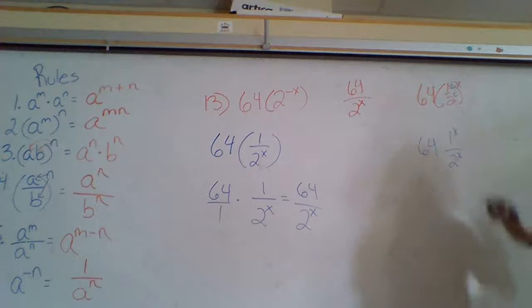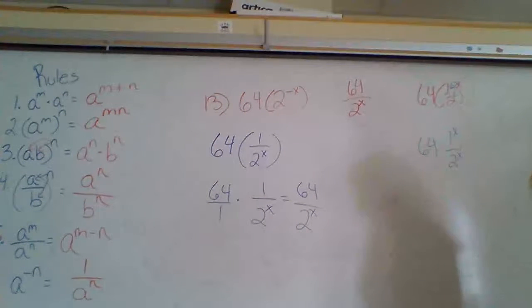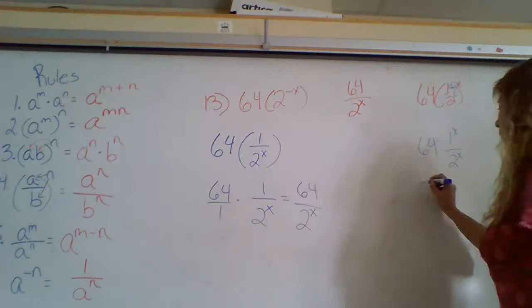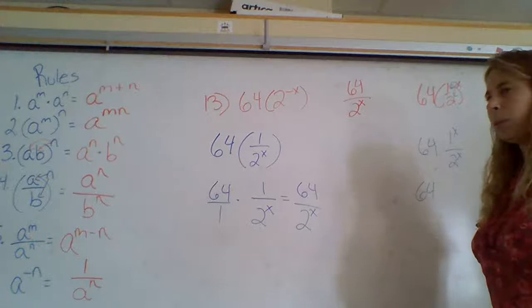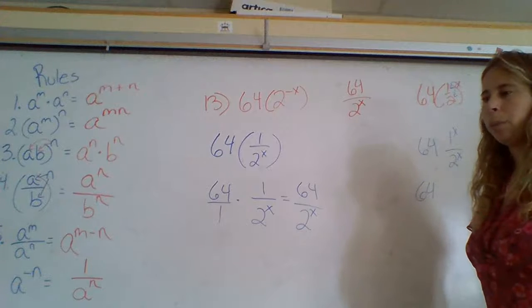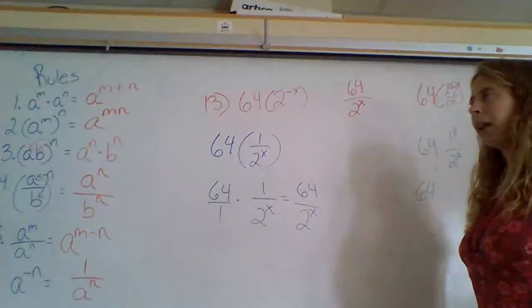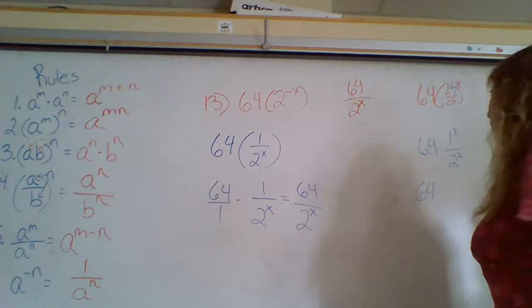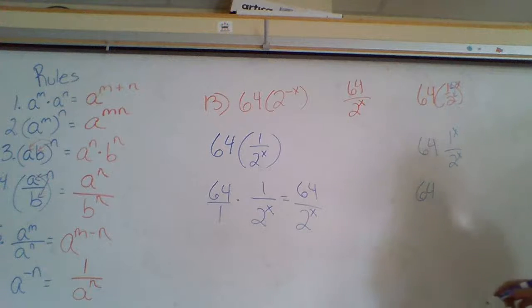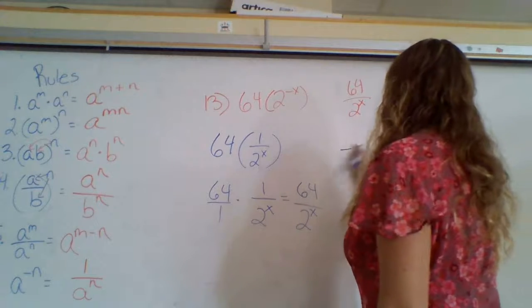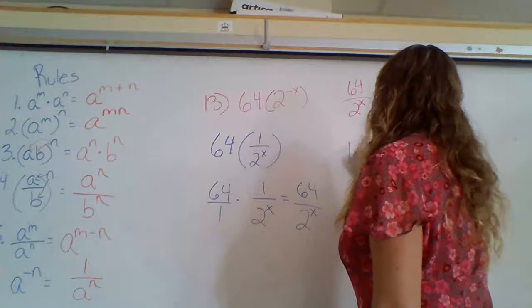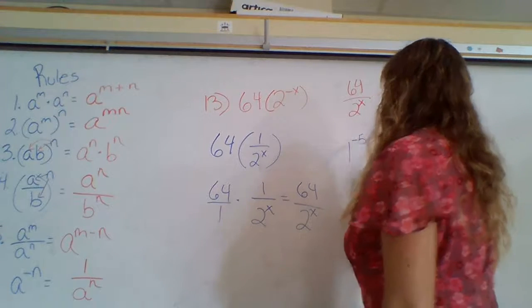Well, 1 raised to any power is just going to be 1. 1 times 1 is 1 times 1 is 1. Even if you raise it to a negative, like, let's see, sorry, I'm getting ahead of myself. 1 to the negative 5th power.